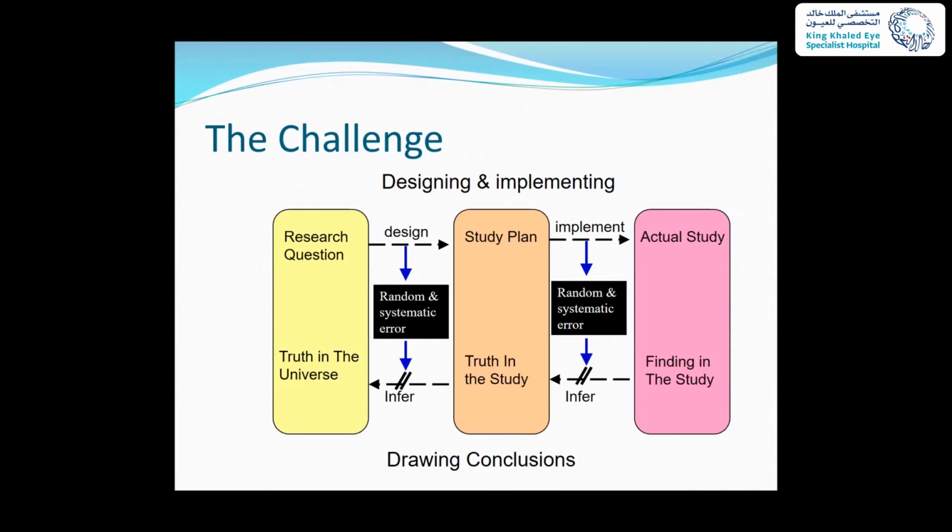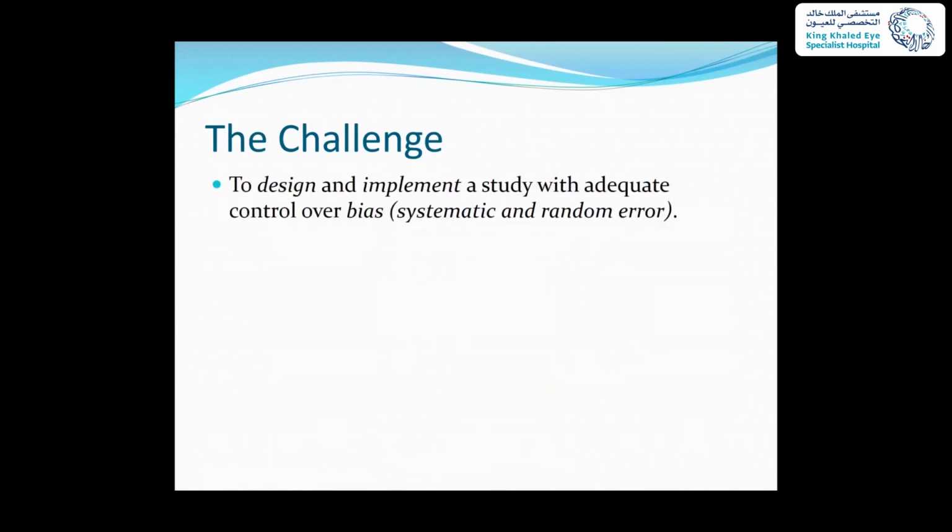That means if I repeat the study on a similar or the same patients, I will get a different finding. So these two issues are very important: select the best study design and implement strictly the study plan are really crucial in order to ensure good internal and external validity, and my inferences will be more robust.